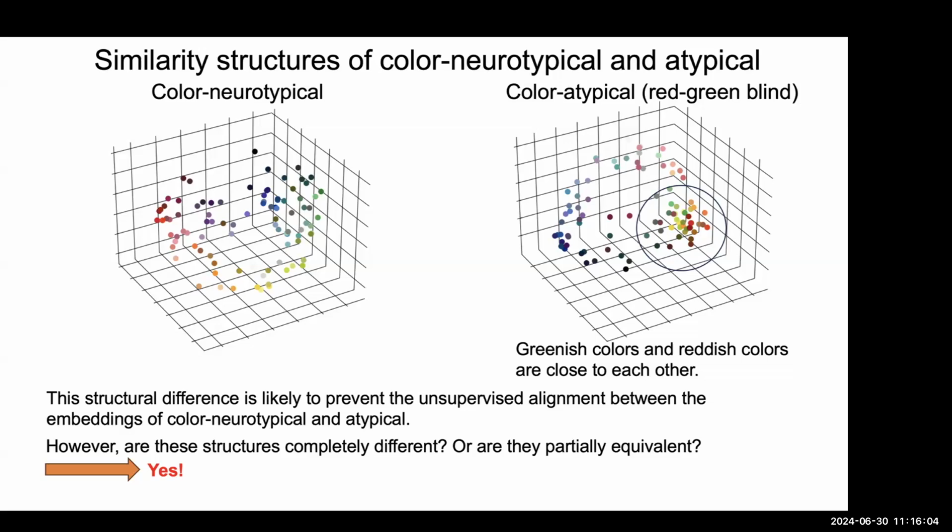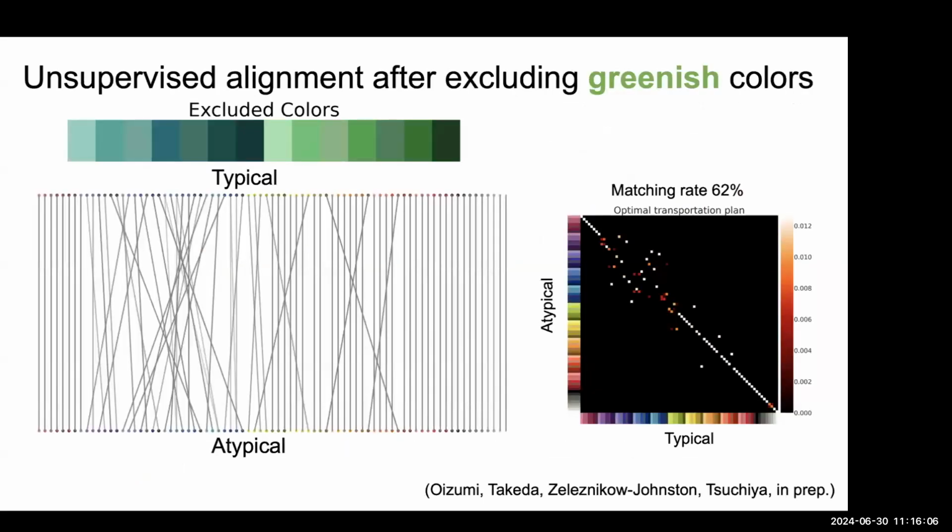That's what we found. So how did we find this? We simply excluded 12 greenish colors from the 93 colors, and then we did the same unsupervised alignment. In that case, we found a very good alignment between atypical and typical participants. So we can see the nice diagonal line, which means that the same color corresponds to the same color.